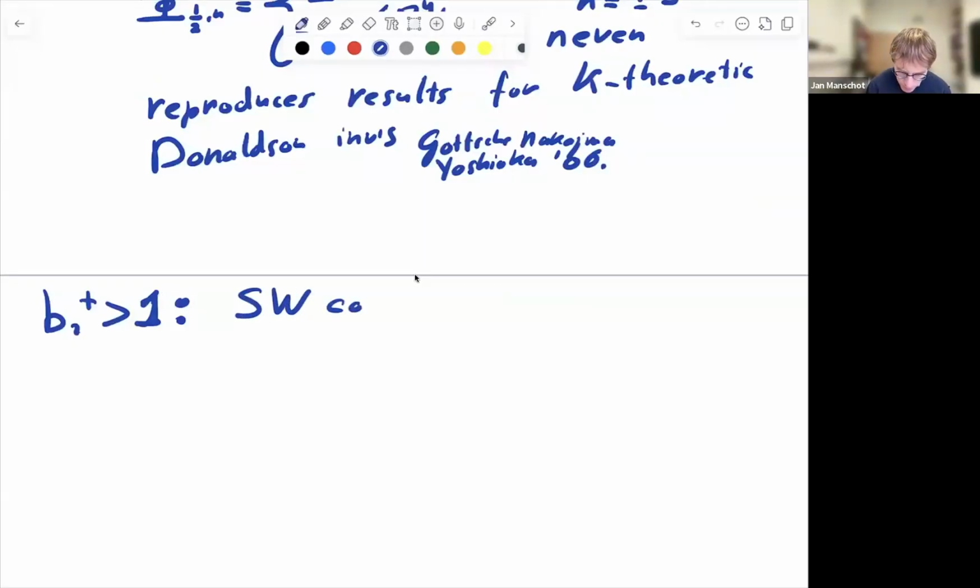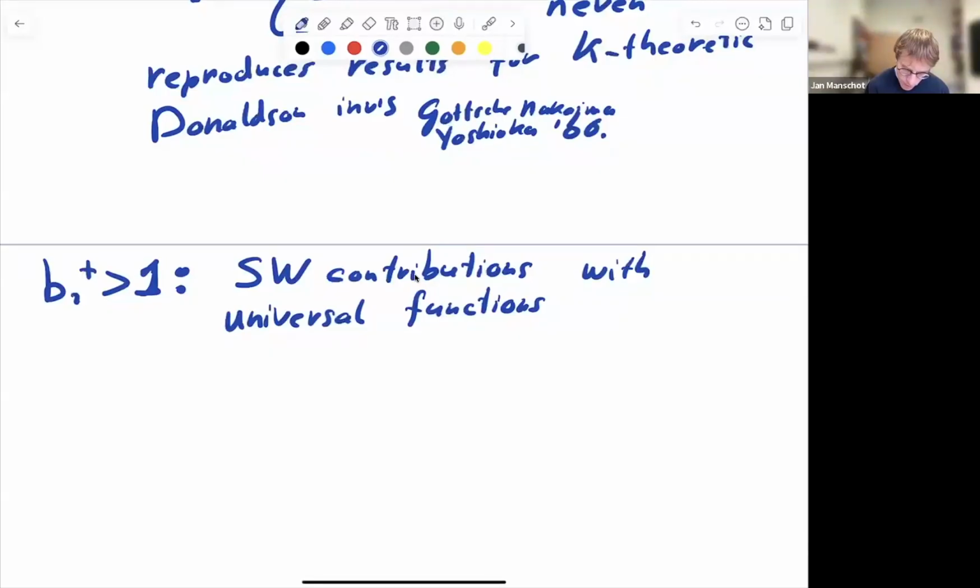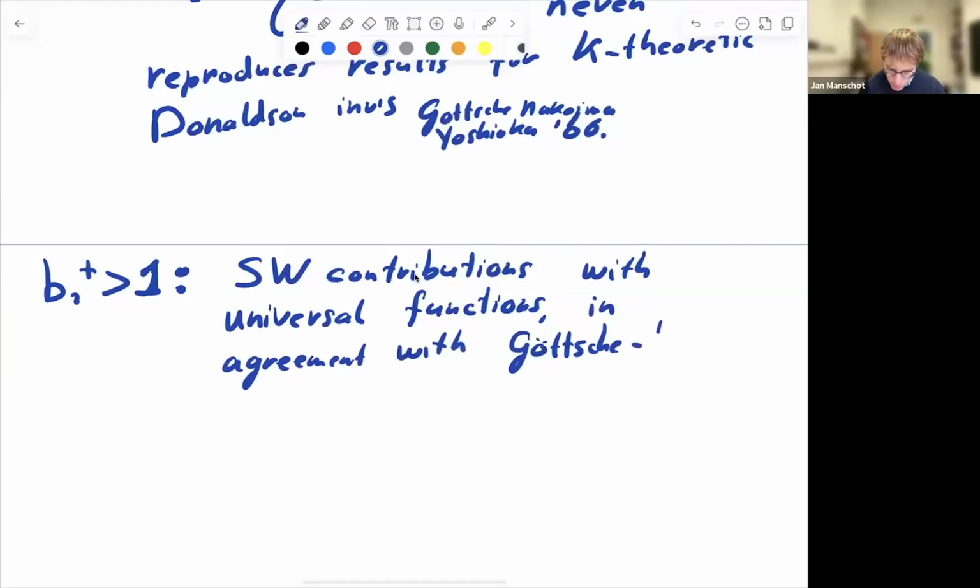We have Seiberg-Witten contributions with universal functions, in agreement with a paper by Lothar Göttsche, Cole, and Williams from 2021.